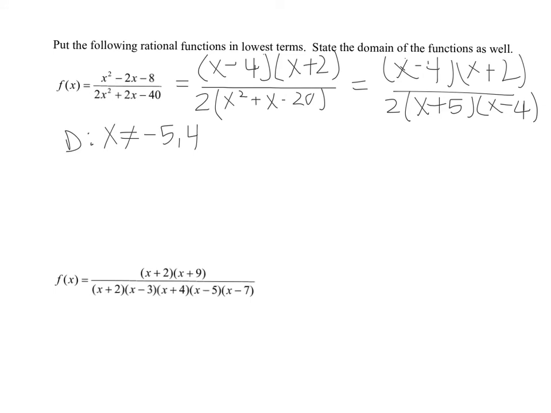We see that in the numerator and denominator we have x minus 4, so we're going to cancel those out. My final answer, my rational function in lowest terms, f of x is going to be x plus 2 in the numerator, and then 2 times x plus 5 in the denominator.